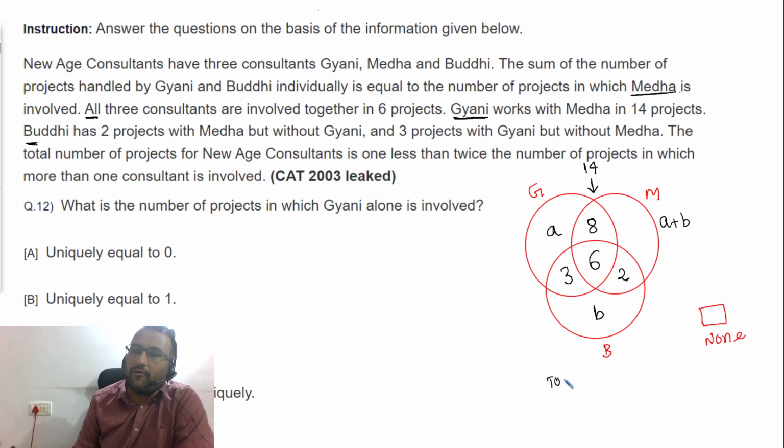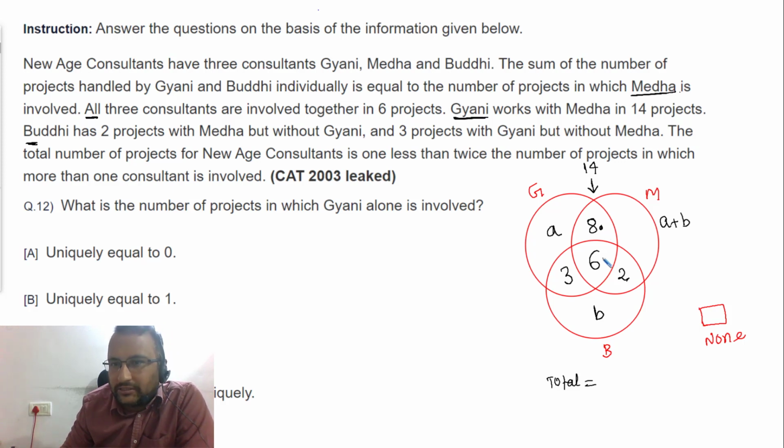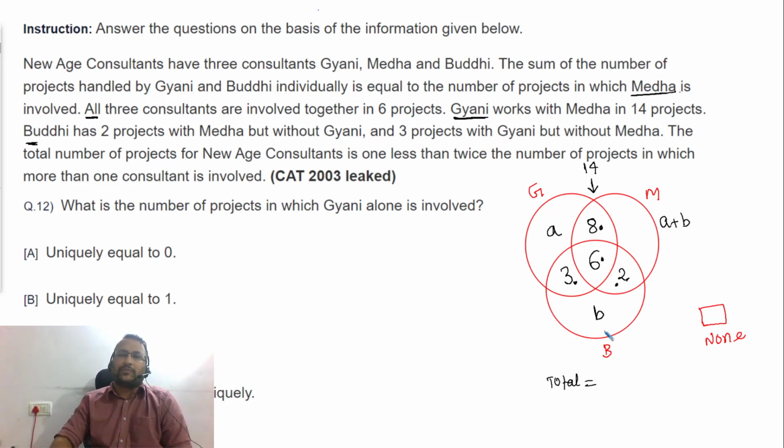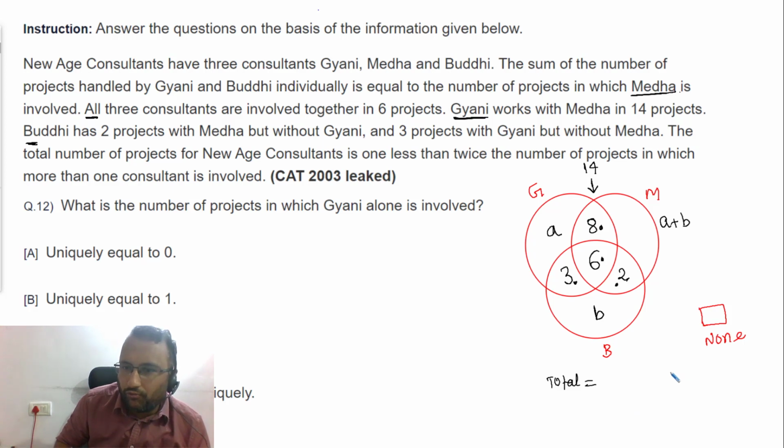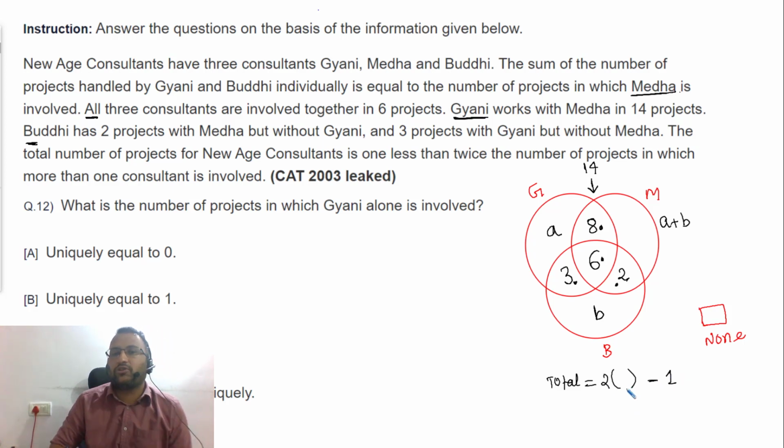More than one consultant is involved in 8 plus 6 plus 2 plus 3. That is equal to 19 projects.